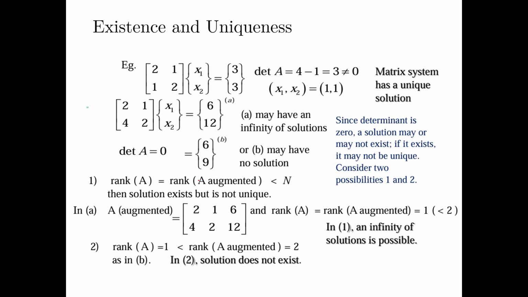Otherwise, if this rank is the same, but it is less than the number of unknowns in the system, so n is the number of unknowns, and in this example there are two unknowns, then the solution exists, but the solution is not unique.